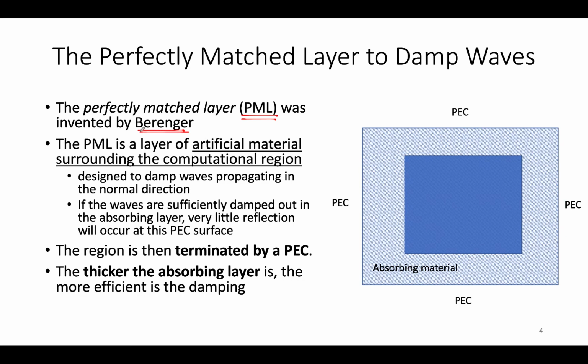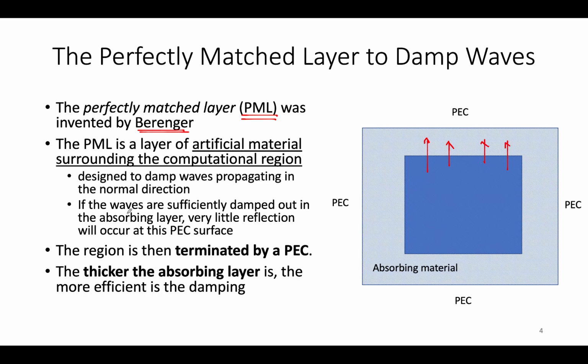So what is the PML? Well, the PML is the extra absorbing material that we add around our simulation domain. It is a layer of artificial material that surrounds the computational region. It is designed so that waves propagating in the normal direction are damped, so they lose their energy within the absorbing material.